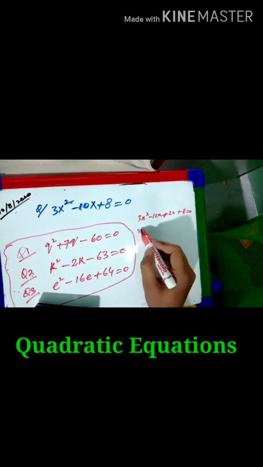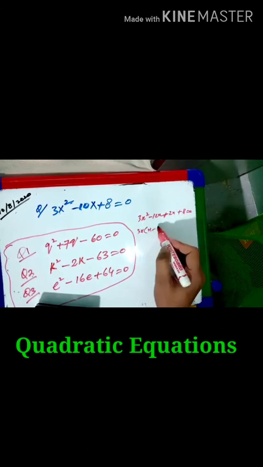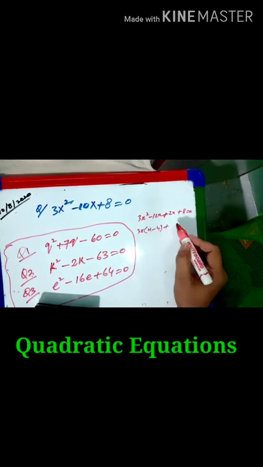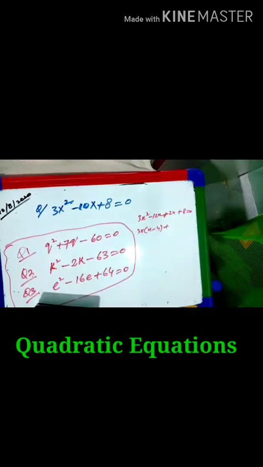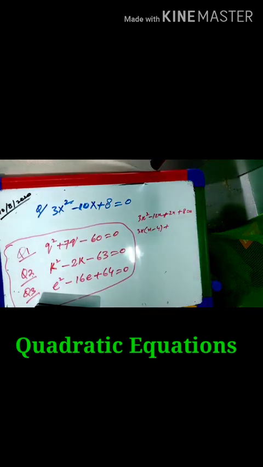So from the first two you can take 3x common, so x minus 4. From the second two you will take, this is minus 10 plus this. No, it's not working. Minus 12 plus 2 is not working. Maybe I wrote the question wrong? No, the question is correct.